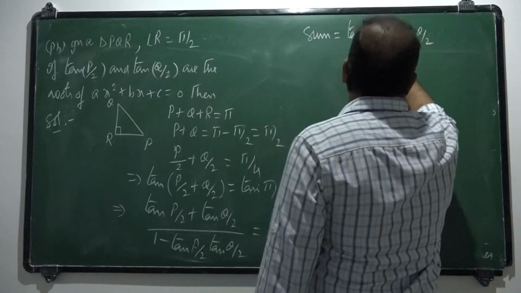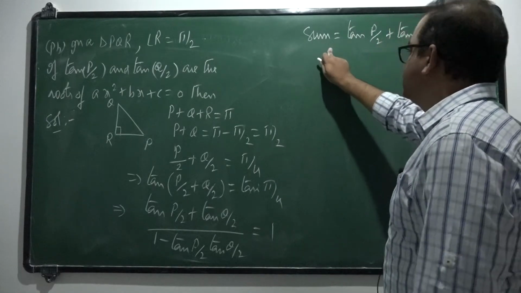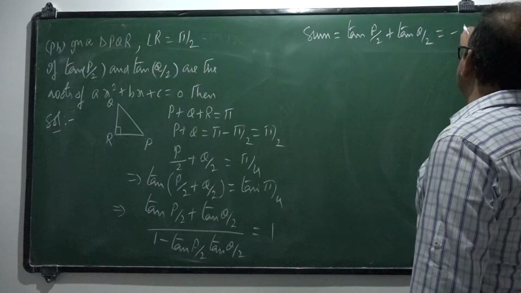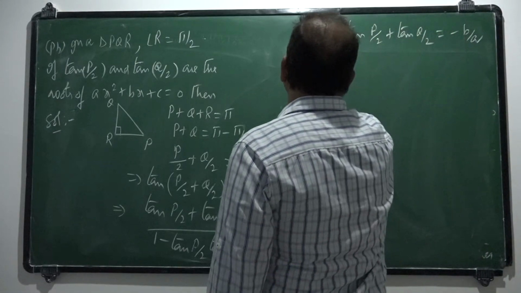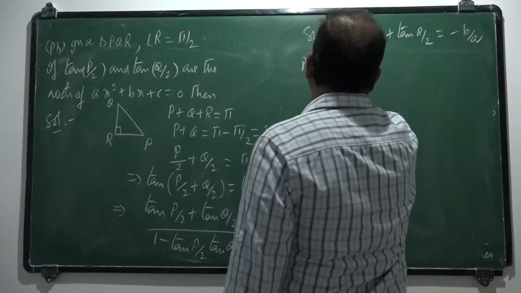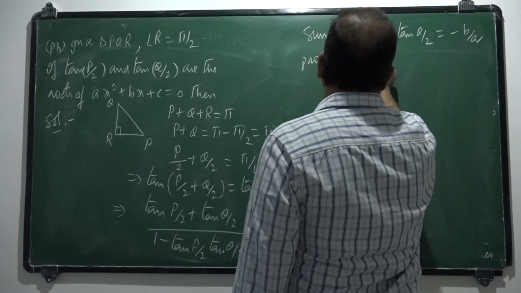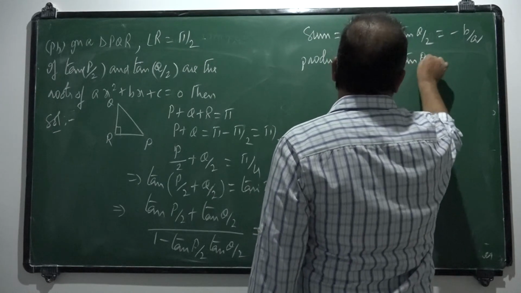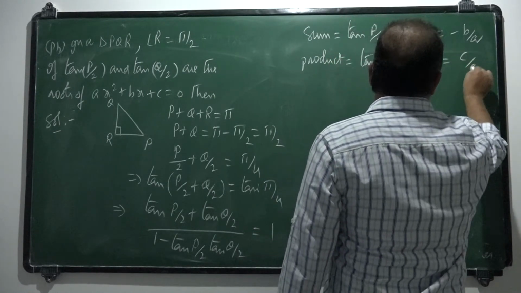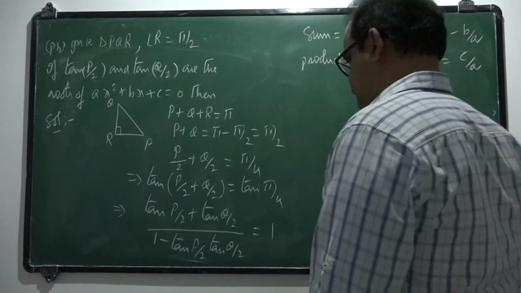Here tan p by 2, tan q by 2 are the roots. Sum of the roots is equal to minus b by a. Product of the roots. What are the roots here? Tan p by 2 and tan q by 2. Product is equal to c by a.